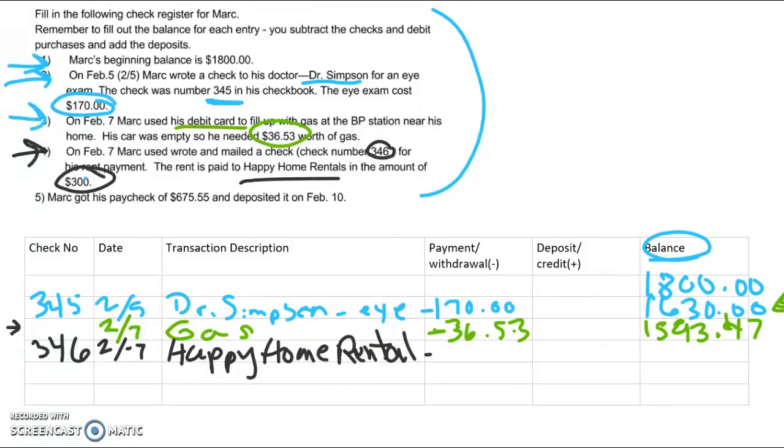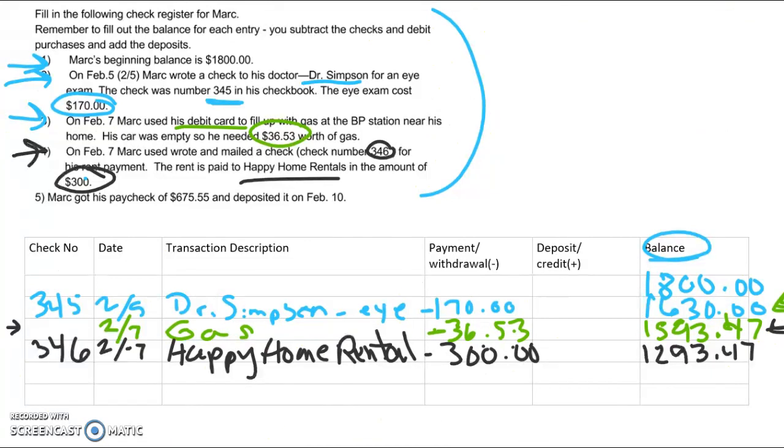Again, we're deducting this amount because this was a payment. So from our last balance of $1,593.47, we're going to subtract $300. That should give us $1,293.47.